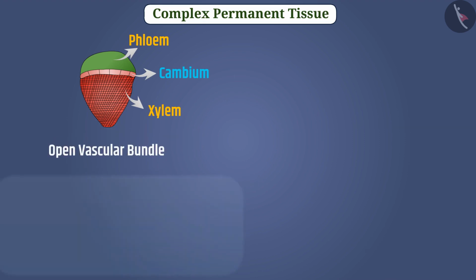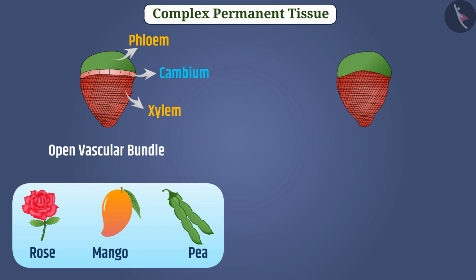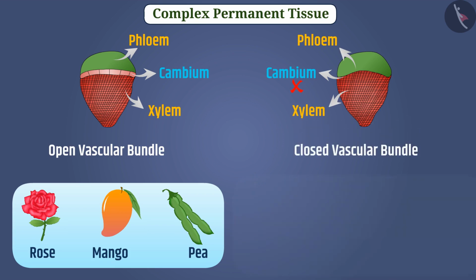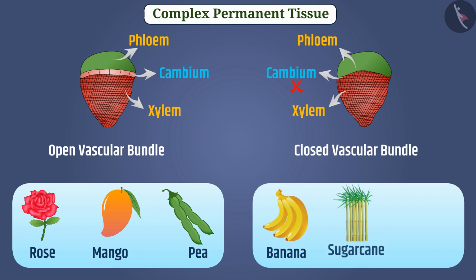For example, plants of rose, mango, and pea have an open vascular bundle, and a vascular bundle in which cambium is not present between xylem and phloem is called closed vascular bundle.